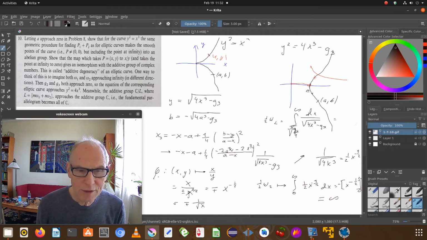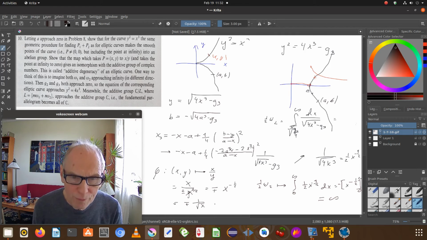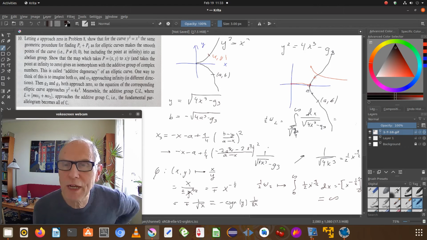So this means that the map maps a point to the same sign as y, the opposite sign of y in the real case, and so it's a question of the branch we have to choose.